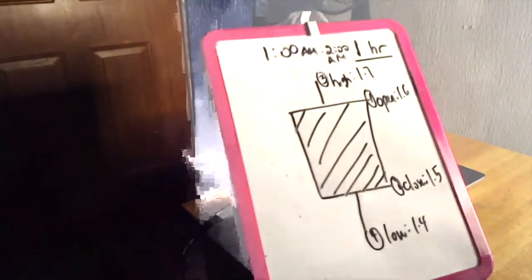The open point was at 1.6, and within that hour, it ended up closing at 1.5, right? However, for you smart cookies out there, the high point still remains the same. So the high was 1.7 and the low was 1.4. Okay?